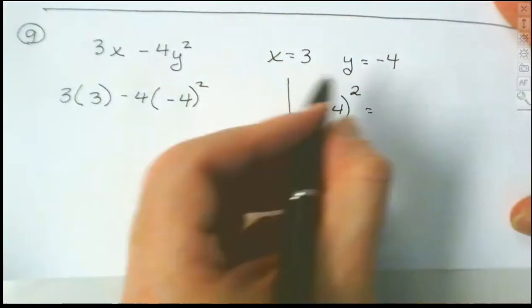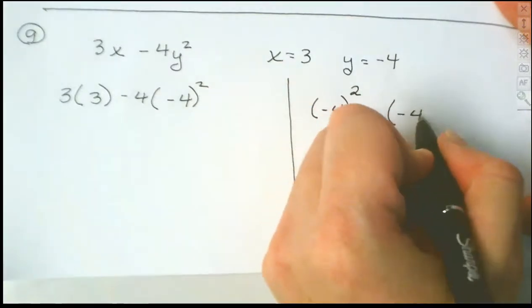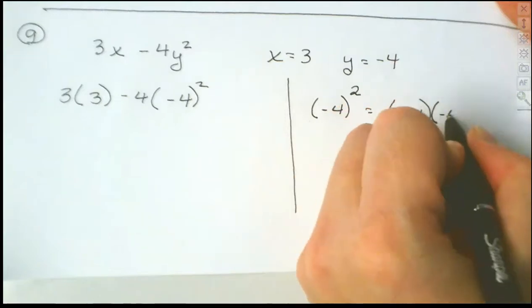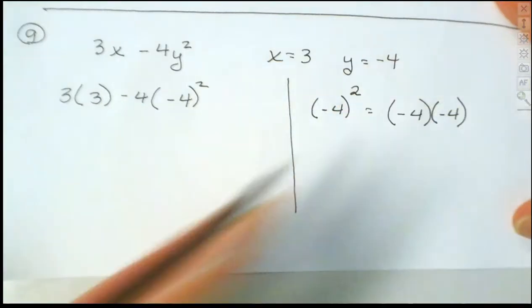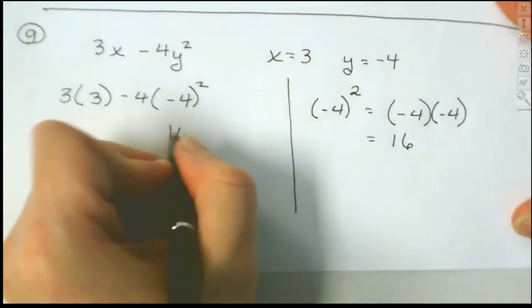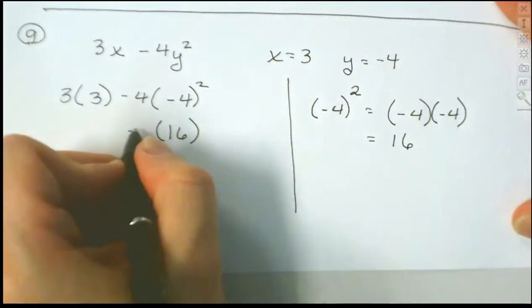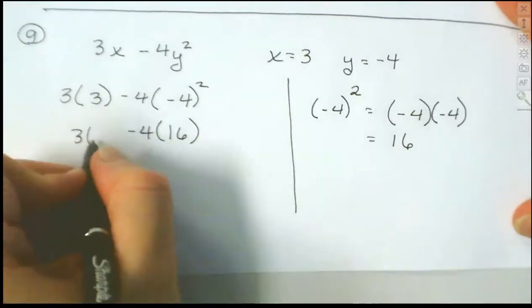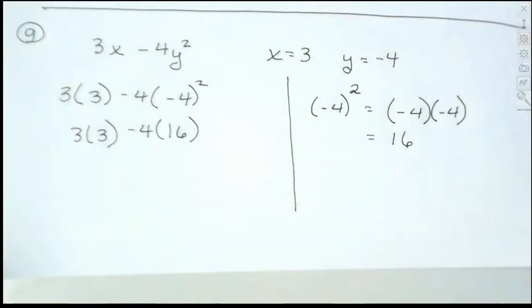And what that is with the parentheses is actually negative 4 times negative 4. And that then makes it a positive 16. Because a negative times a negative is a positive there. So we do our exponent first. And that makes that positive. The negative 4 just comes down.